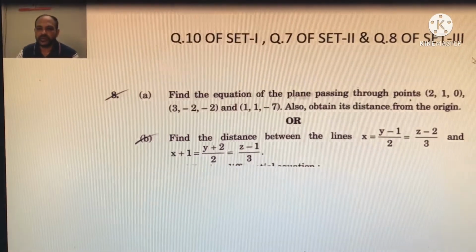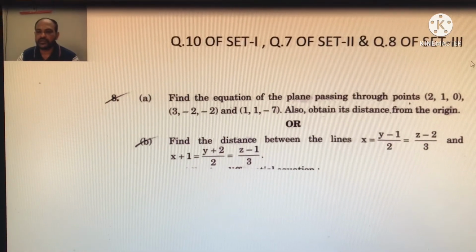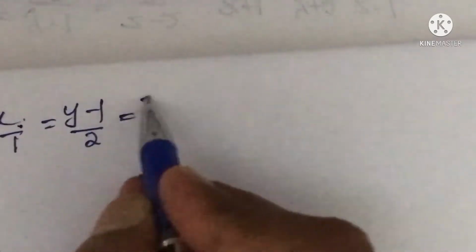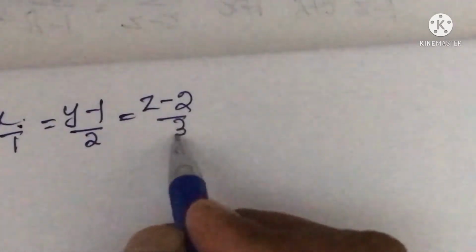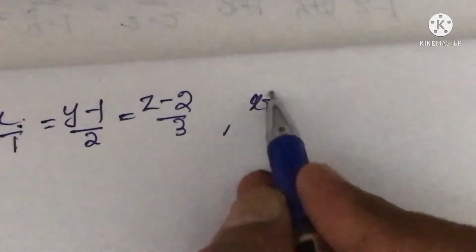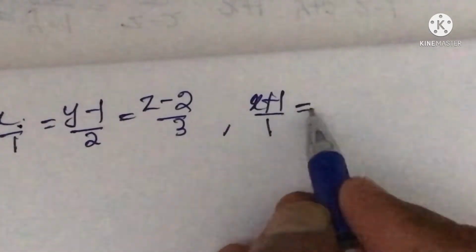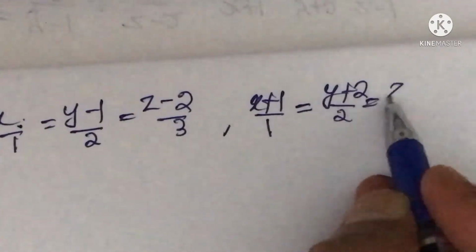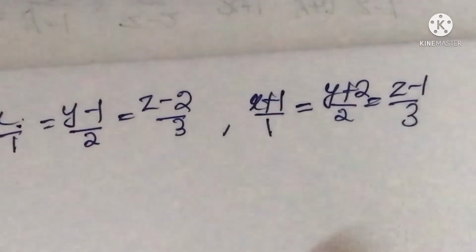Answer of bit B. To find the distance between the given two lines, the given lines are x by 1 is equal to y minus 1 by 2 is equal to z minus 2 by 3, and x plus 1 by 1 is equal to y plus 2 by 2 is equal to z minus 1 by 3.